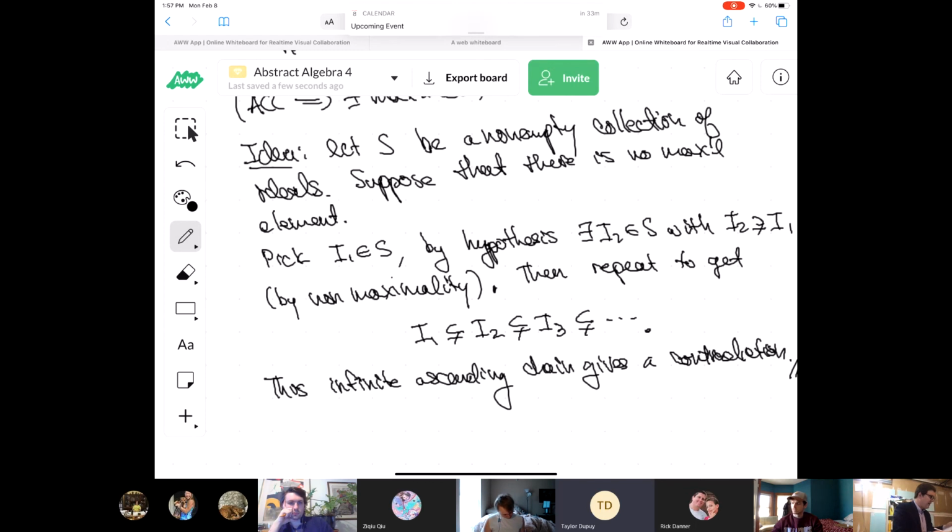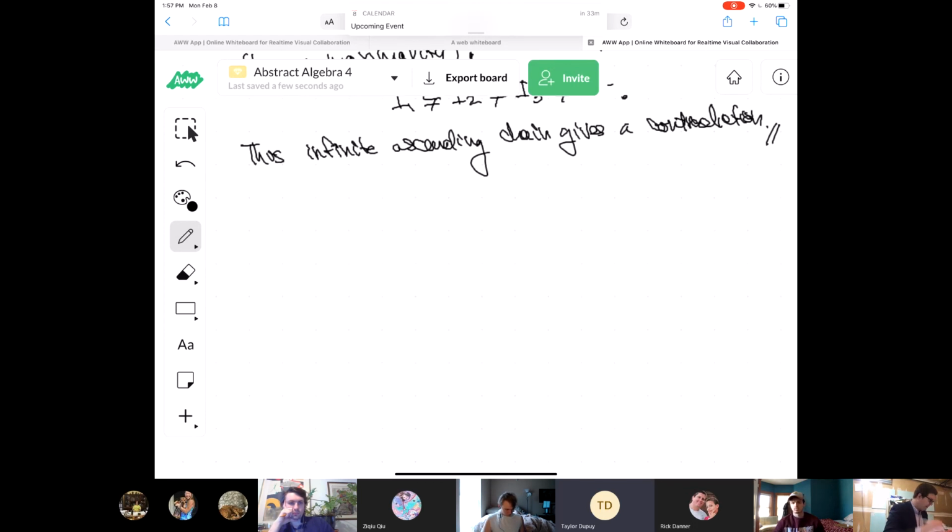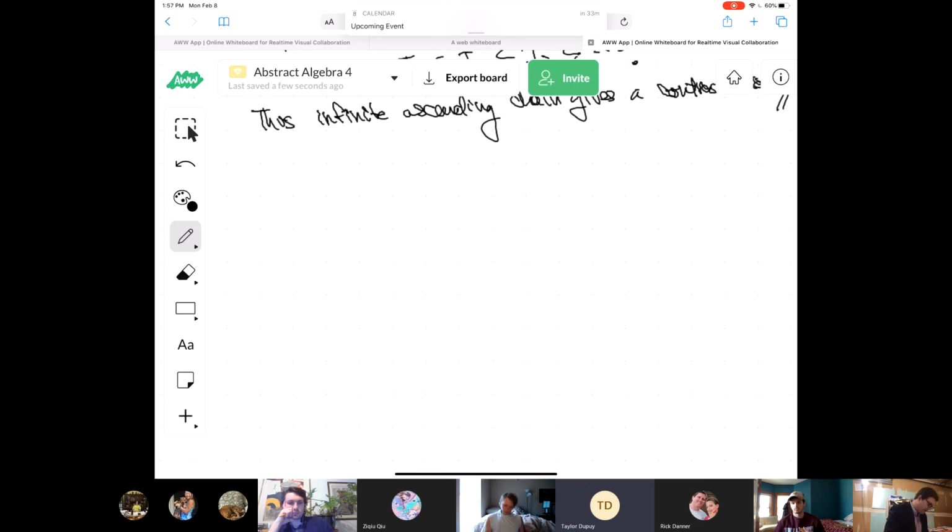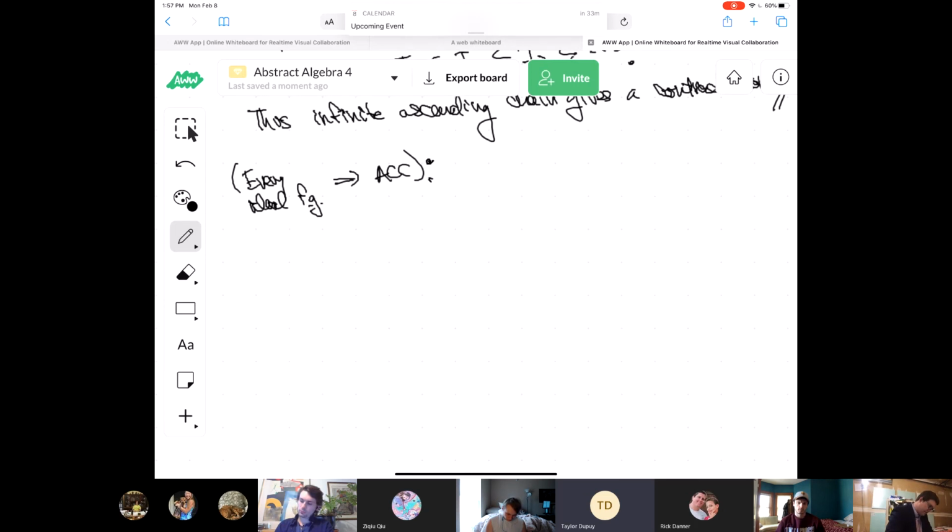Okay, so now let's do every ideal is finitely generated implies the ascending chain condition. So what we'll do is let I1, I2, and so on be an ascending chain.